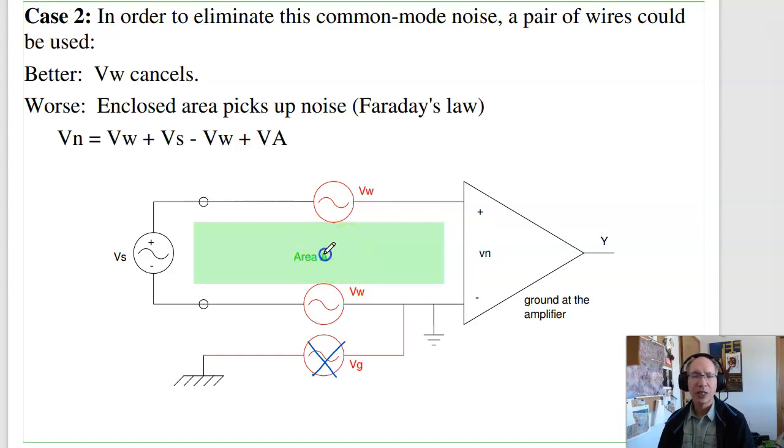A larger area makes a better antenna. So what I'm going to get is the voltage on this wire as an antenna, plus the signal, plus the voltage on that wire. These kind of cancel. I get a lot of voltage due to the area as a loop and antenna.